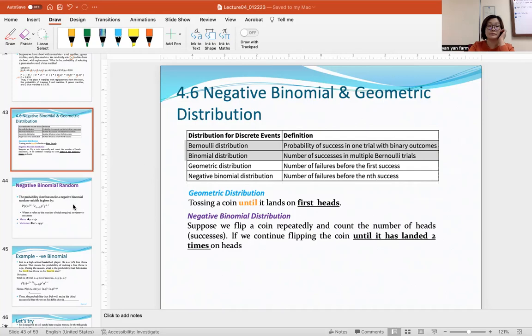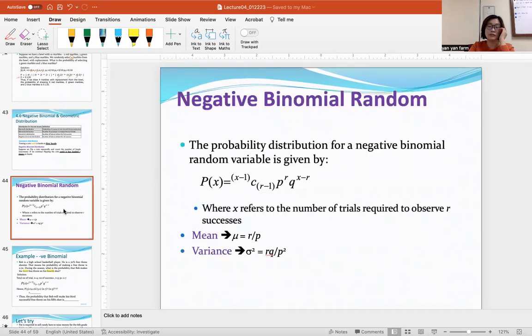Okay, so let's have a look at the equation for the negative binomial distribution. The x refers to the number of trials required to observe r successes. So let's say I have 10 trials, 10 minus 1, combination r minus 1.